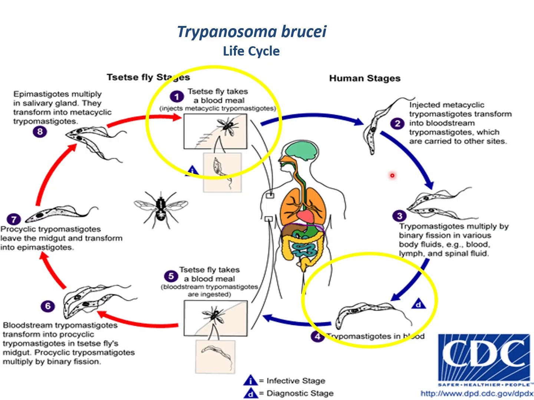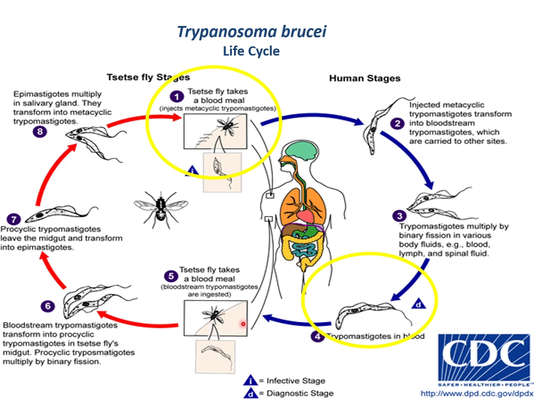I will start discussing the life cycle of African trypanosomas, which regroup Trypanosoma brucei gambiense and Trypanosoma brucei rhodesiense. The infection begins when the tsetse fly takes a blood meal and injects into our blood metacyclic trypomastigote stages. These trypomastigote stages will divide by binary fission in various body fluids, including blood, lymph, and spinal fluid.